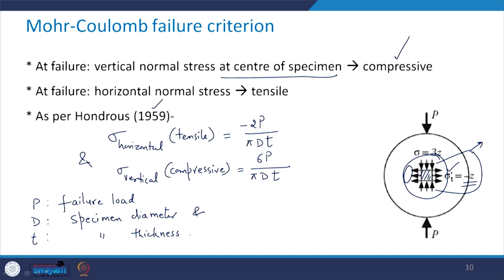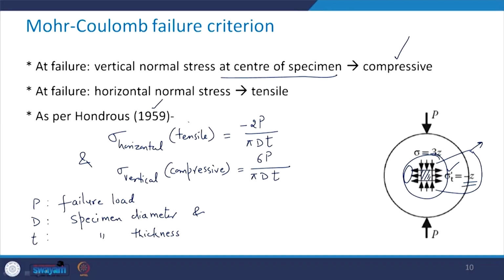So basically you see here that 3 times the magnitude of the horizontal stress is the compressive stress in the vertical direction.